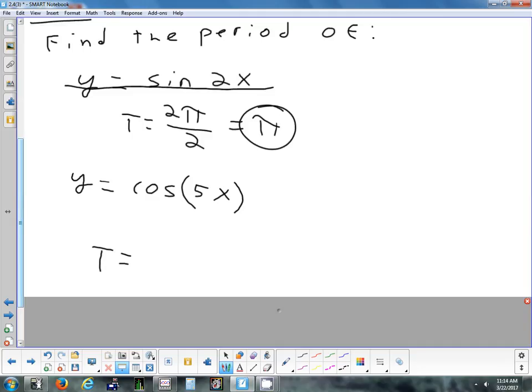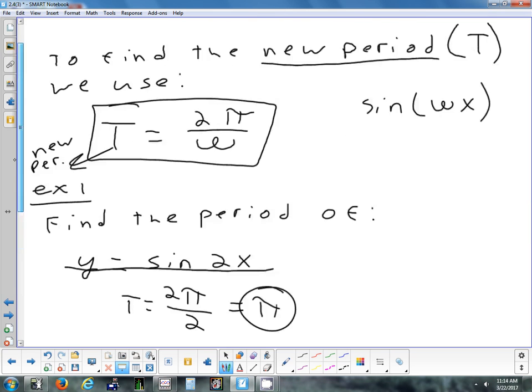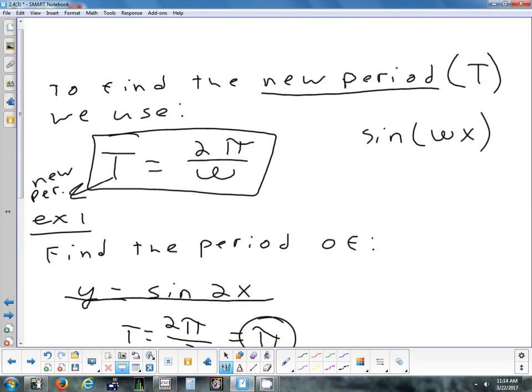All right, let's try cosine 5x. Marcos, what would be my fraction to set up the period here? Well, what's the formula we use? What always goes in the top? 2 pi.